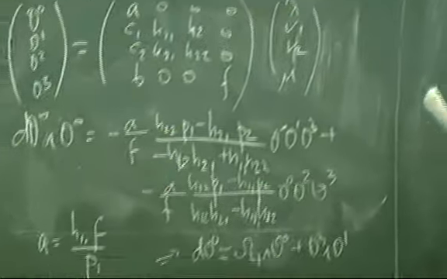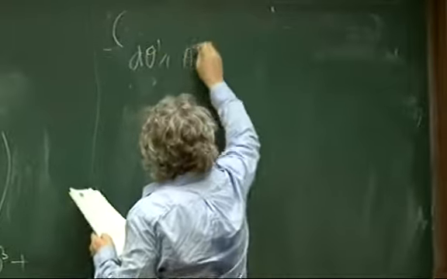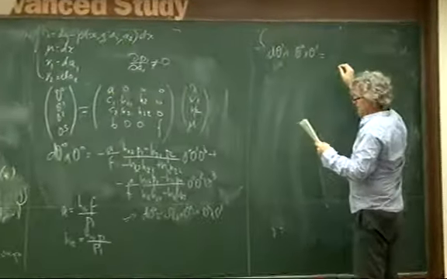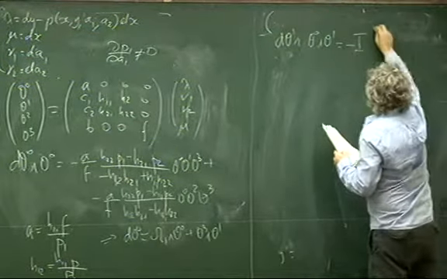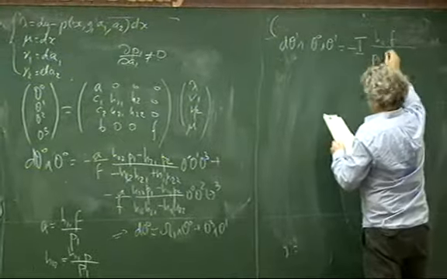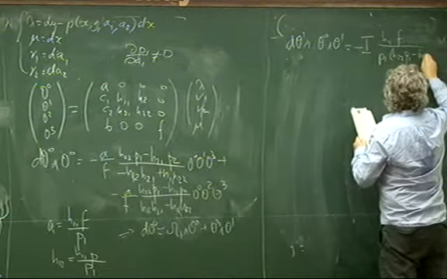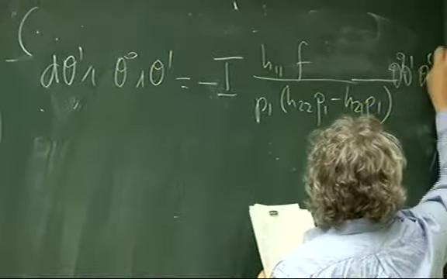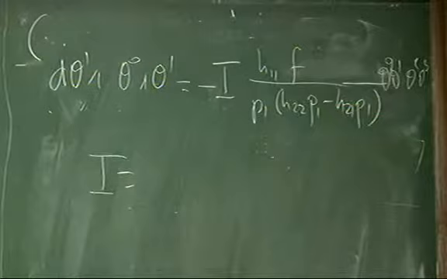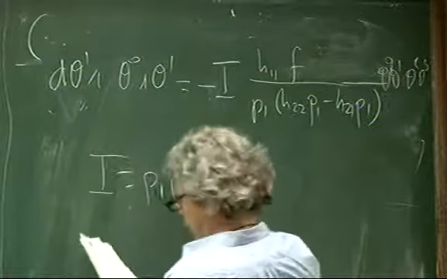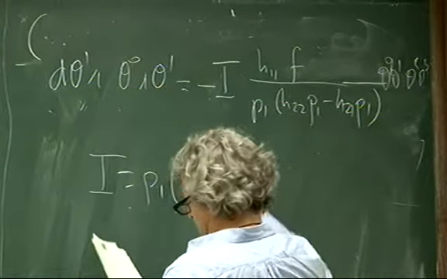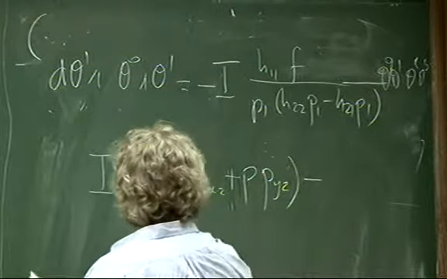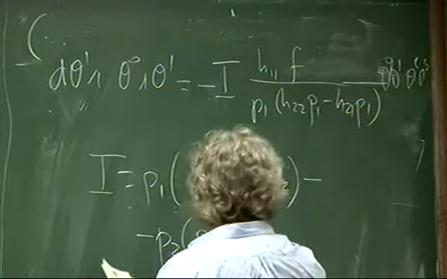I can calculate d theta 1, wedge with theta 0, theta 1, so I normalize like this, recalculate my thetas, calculate this thing, and then I discover that it has the form of some function I, H11, F, P1, H22, P1 minus H21, P1, and here is theta 0, theta 1, theta 2, theta 3, where this function I is only defined in terms of P and its derivatives, and it is of the form P x2 plus P y2 minus P2 x1 plus P y1.